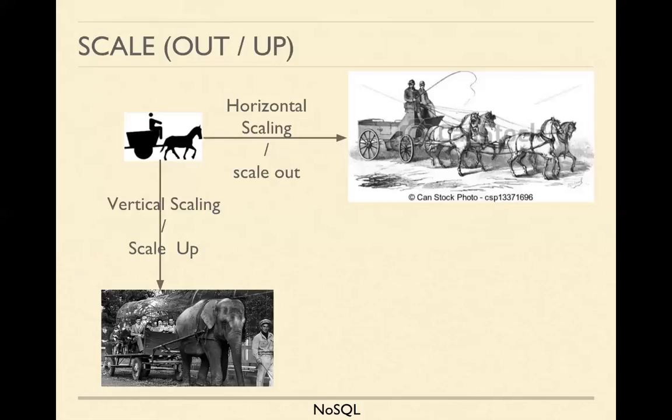Therefore, horizontal scaling or scaling out, meaning building a cart which can handle many horses, is a better idea. And moreover, you will be surprised that an elephant is hardly equal to two or two and a half horses, unlike the assumption we have, and that is in effect true. It's a very important point.